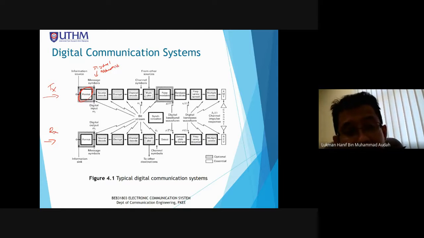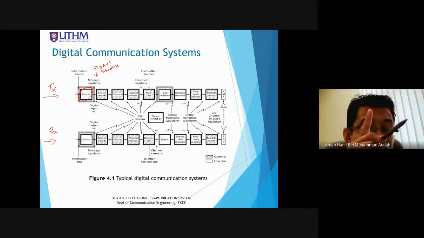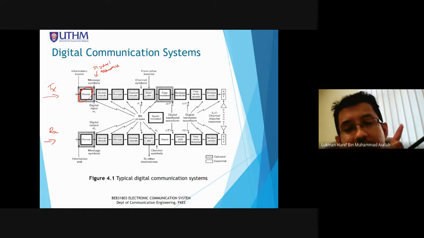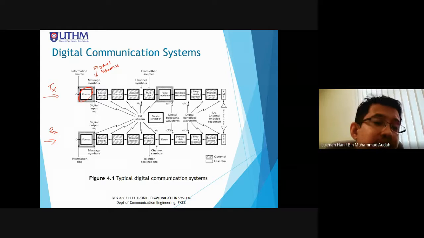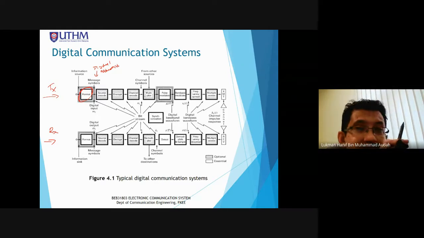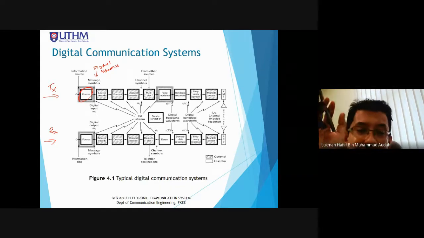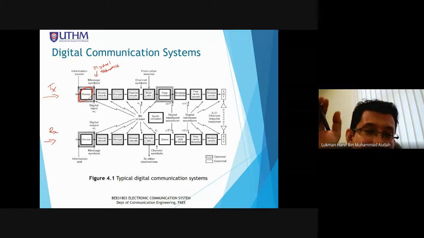So maknanya dia dalam bentuk digital code word adalah 1010, logic 1, logic 0, logic 1, logic 0. Remember 1010 itu bukan nombor, 1010 is actually referring to logic number. It is not a decimal number or whatever. It is a logic number.